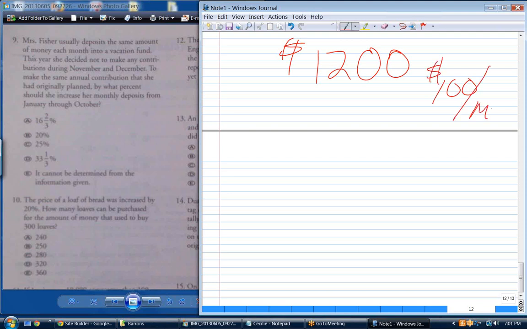Well, she decides not to do any in November and December, but she still wants to deposit $1,200, but she's only going to have 10 months to do it. So how much does she have to deposit each month, January through October? 120? Now, by what percent did she increase it?